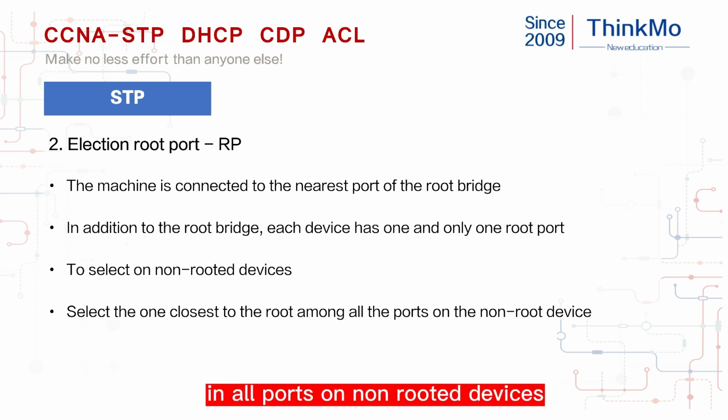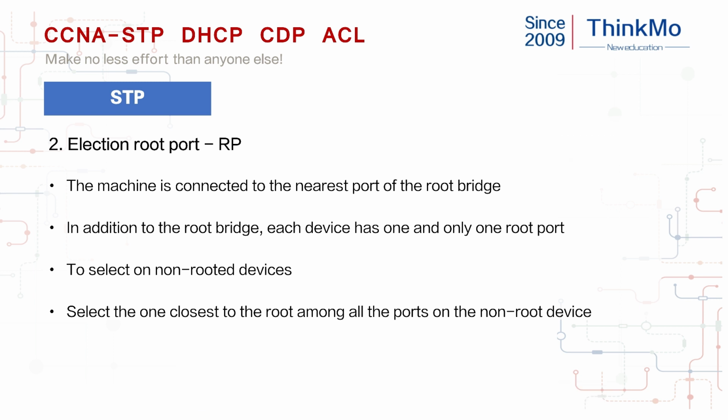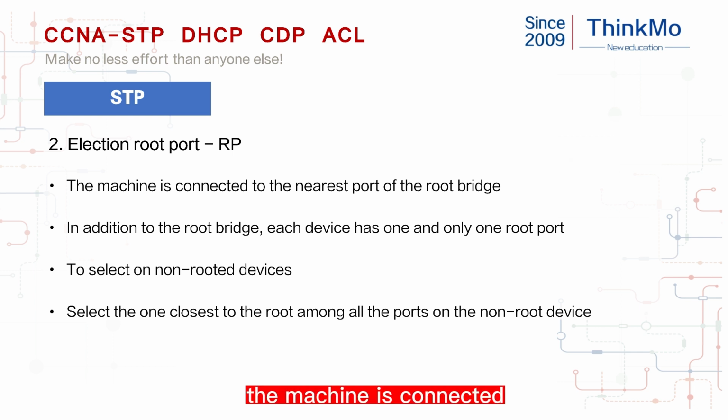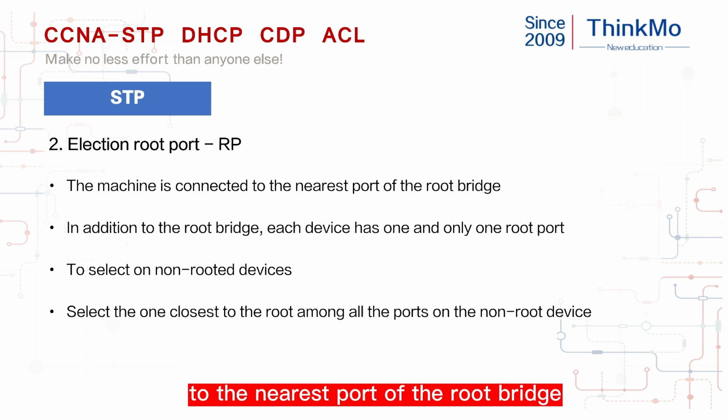In all ports on non-rooted devices, we want to choose a port closest to the root. We also want to compare several parameters. There are 4 parameters to compare. The root port is actually the machine is connected to the nearest port of the root bridge. Only one root port on each switch. Except for the root bridge. Each device has one and only one root port.